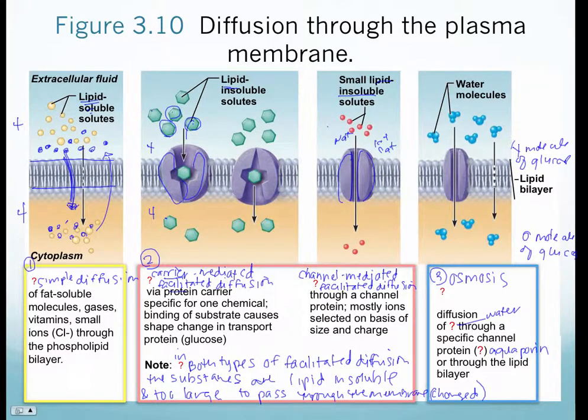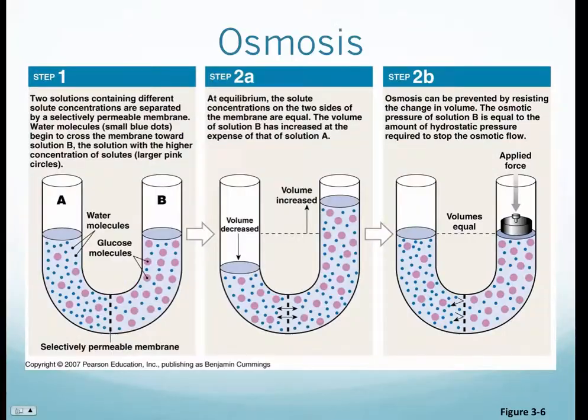Here outside, because we have 4 molecules, what's water going to do? Water is going to come from the inside of the cell and go towards the outside. So at the end of this, we're going to have equal concentration overall of your water and molecule ratio. We'll get into hypertonic, hypotonic, and isotonic solutions, and that's really this movement of water and how that can affect the shape of your cell.